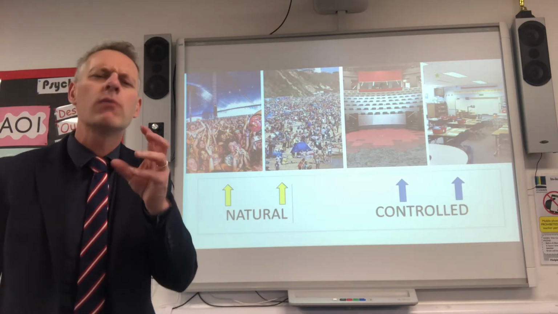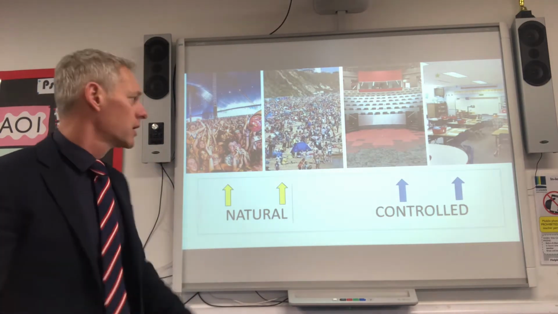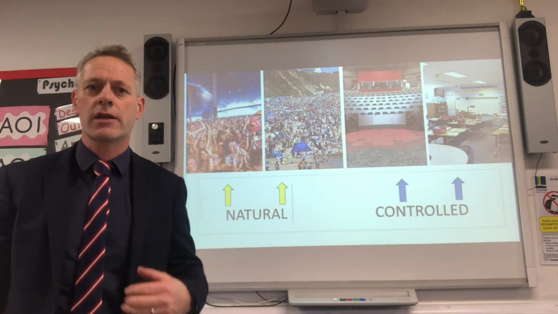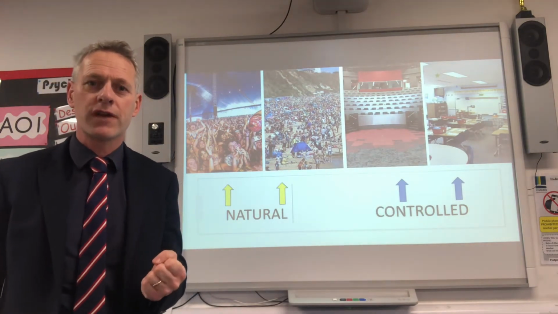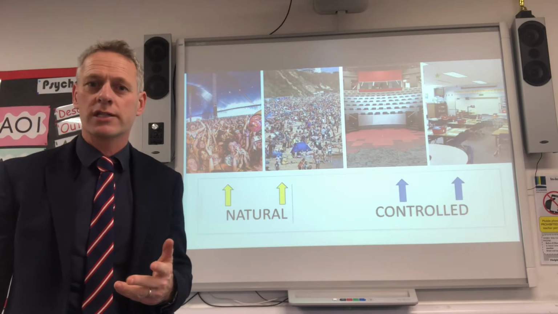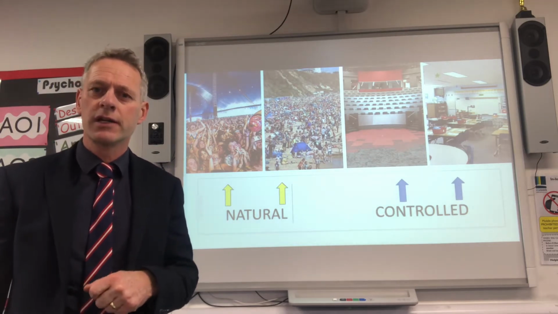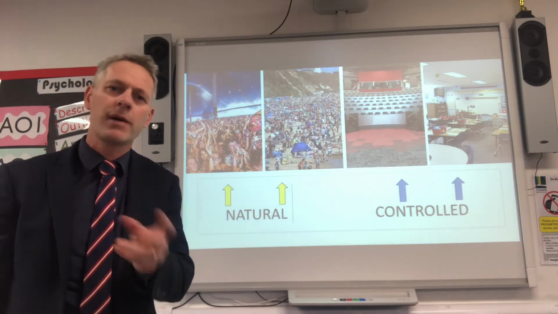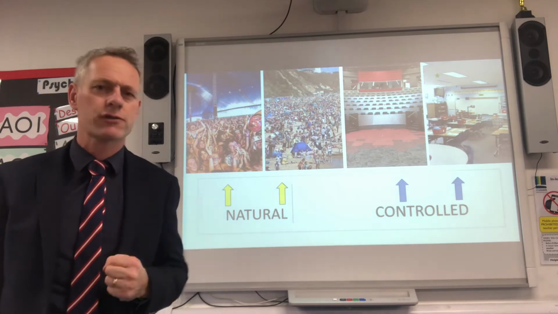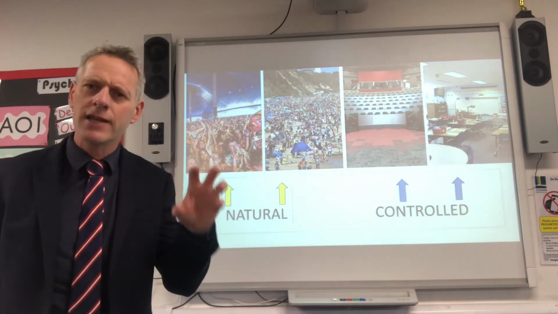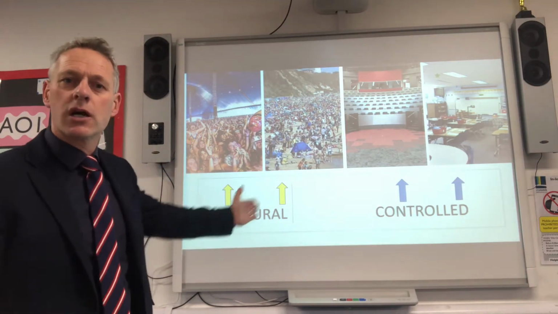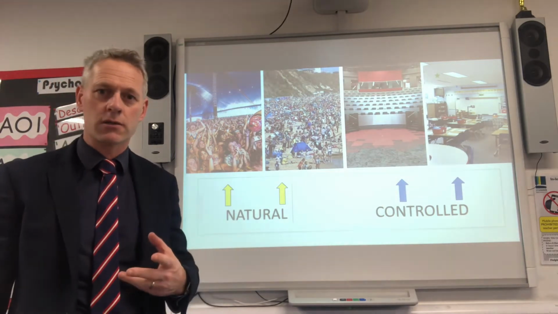We might break down what we're looking at, but certain things. A music festival, fantastic place to do a natural observation, possibly because we're interested in something like the effects of de-individuation. Do people behave differently in large crowds, for example? But we haven't changed anything. Those are both examples of natural settings, okay?